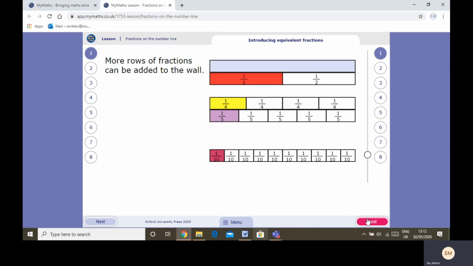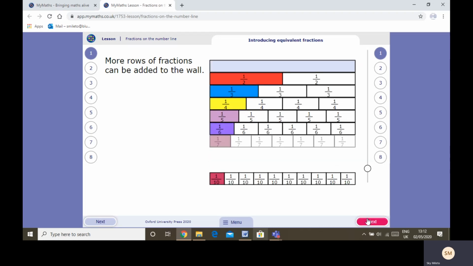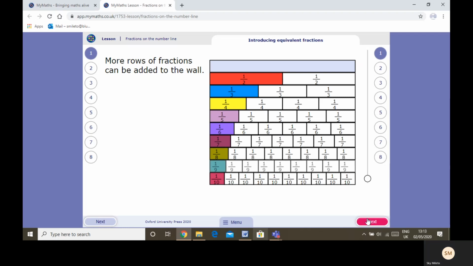So we're going to add more rows to our fractions wall. We can see working down halves, thirds, fourths, fifths, sixths, sevenths, eighths, ninths, tenths. One of all of these cannot be equivalent. If the numerator is 1, then they can't be equivalent fractions. But if the numerator is different to 1, they can be.